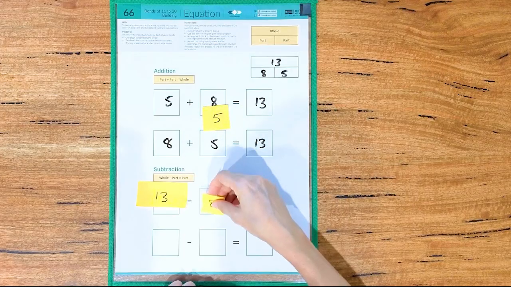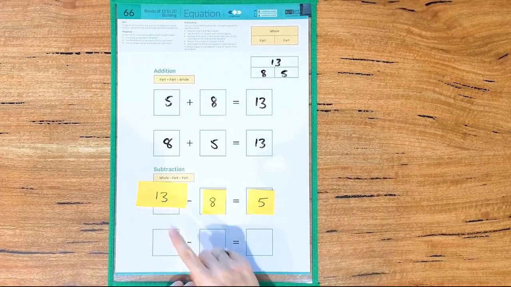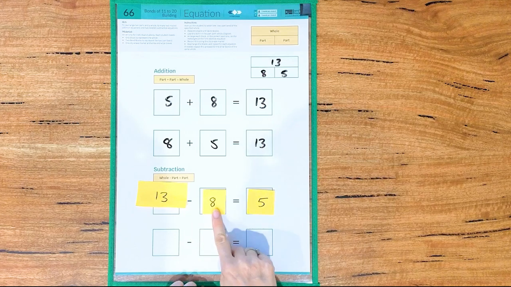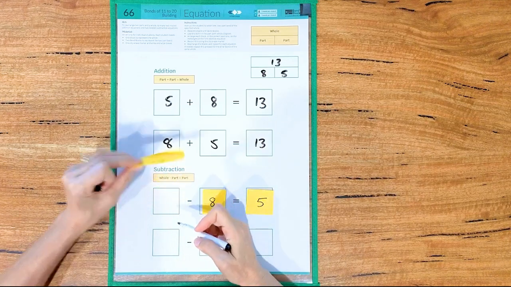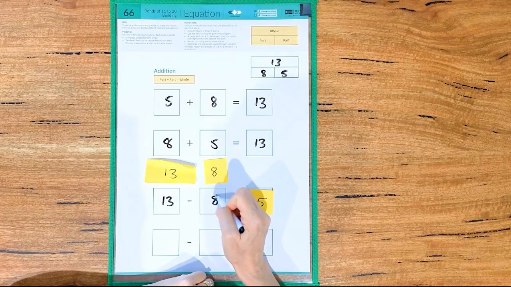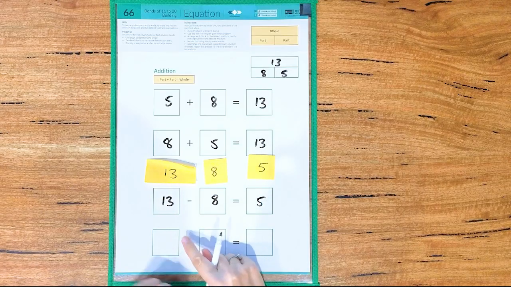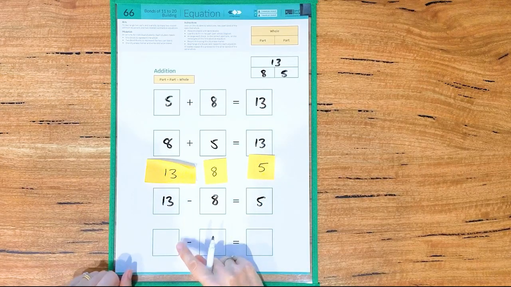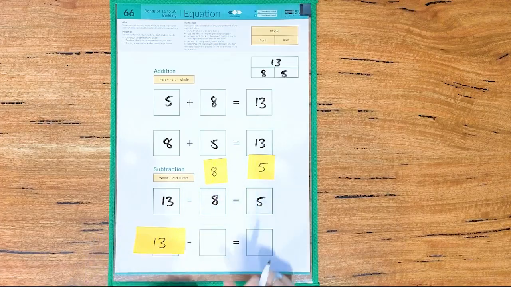I can then put my other numbers in the parts position. Whole subtract part equals part. 13 subtract 8 equals 5.